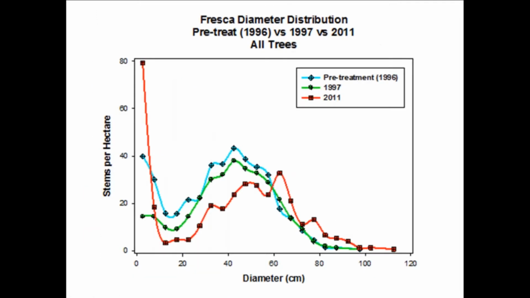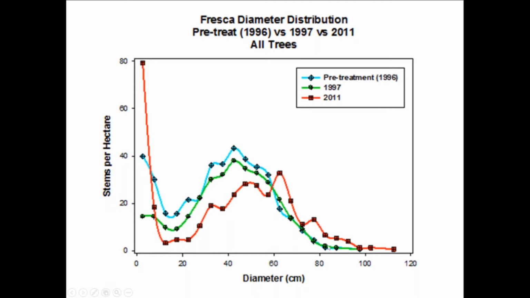And you can see that there's a big increase in the number of stems in the very smallest diameter class. And also that the diameter distribution, aside from this increase at the smallest classes, has been shifted to the right, which is what you would expect with time.